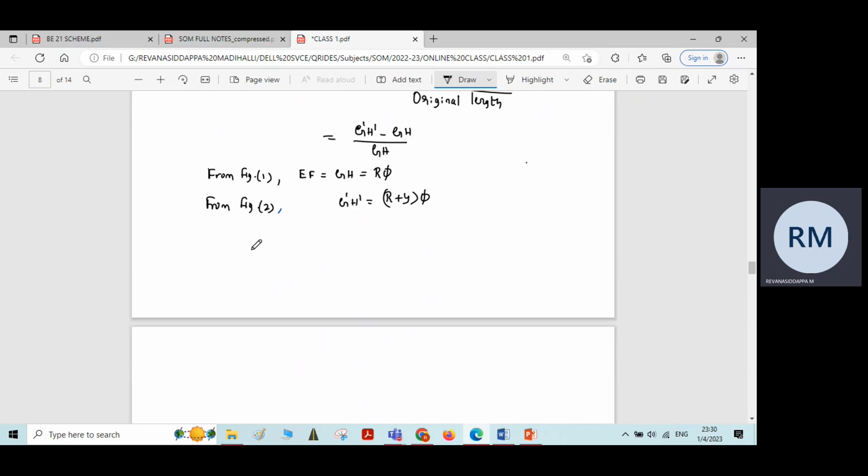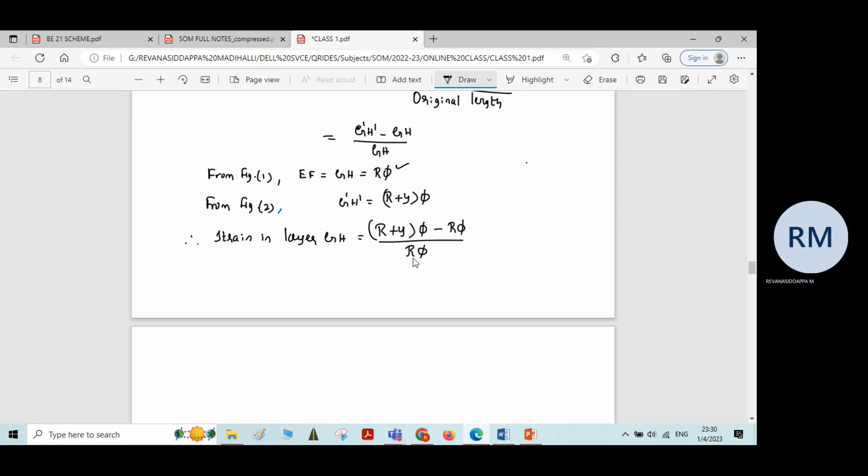So we will get the strain in layer GH is equal to G dash H dash, R plus Y into pi, minus GH, which is R pi, divided by R into pi.